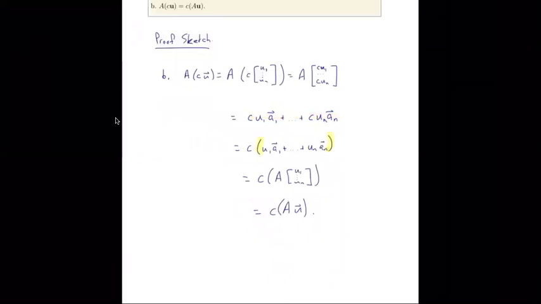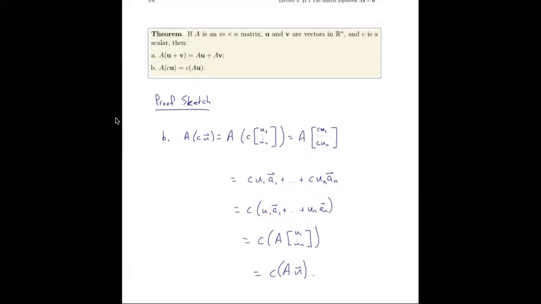And we've got now this linear combination of A1 through An, the columns of A, using u1 through un as the weights. That's exactly the definition of A times the vector u1 through un. And that's just A times u as a vector, and c is times that. So we've arrived at the right-hand side of B.